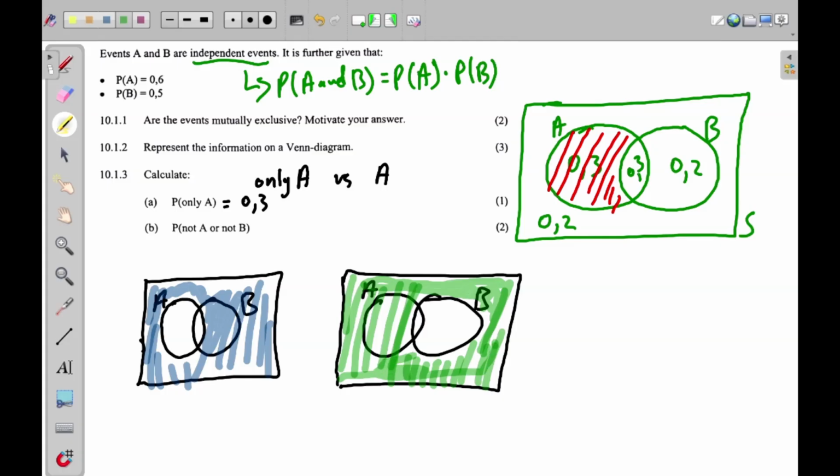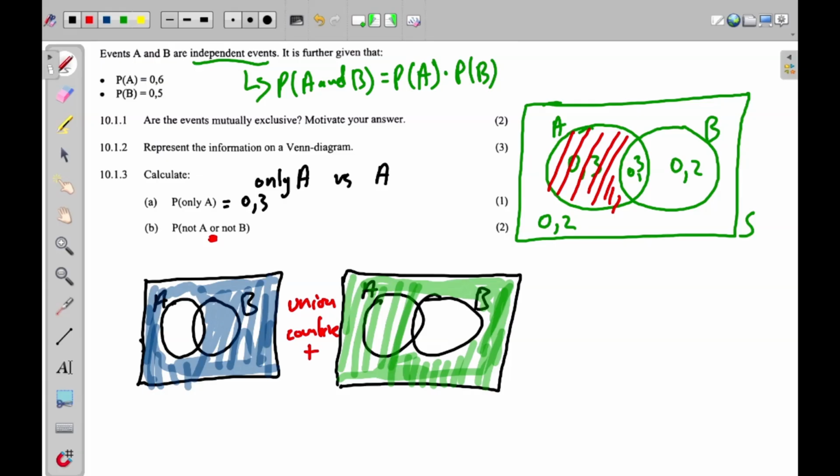So that's what it means. Okay, so look at that. Now, remember the word or in itself means plus. It means union. It means combine. Meaning bring these two together.